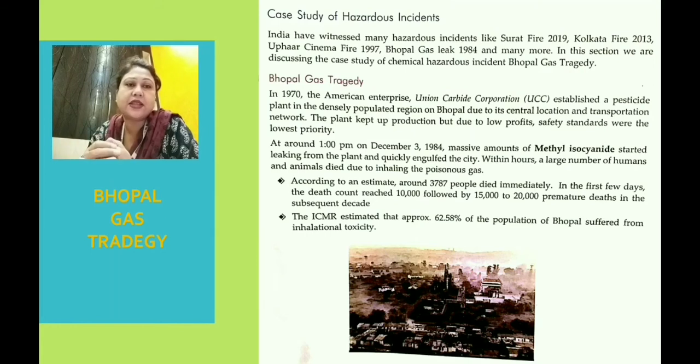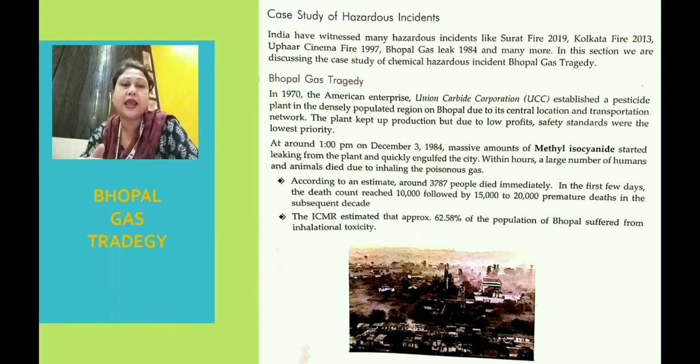Now according to an estimate, around 3,787 people died immediately. In the first few days the death count reached around 10,000, followed by 15,000 to 20,000 premature deaths in the subsequent decade. And the ICMR estimated that approximately 62.58% of the population of Bhopal suffered from inhalational toxicity.